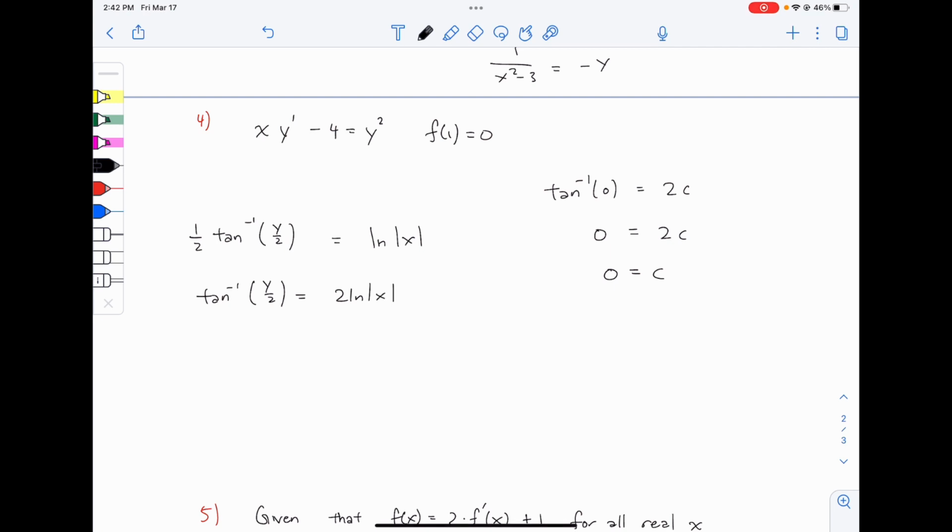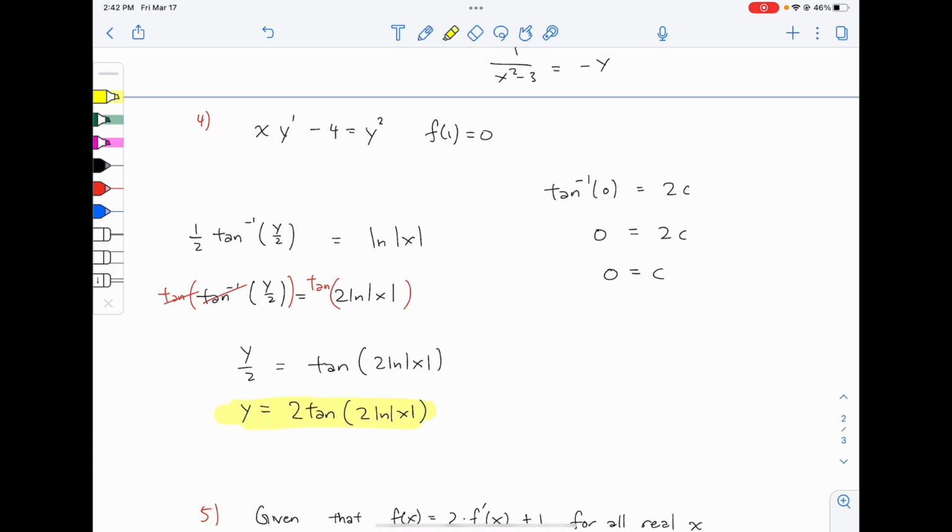Okay. In order to eliminate my inverse, I'm just going to take the tangent of both sides. So these two cancel. I get y over 2 is equal to the tangent of 2 ln the absolute value of x. And then multiply both sides by 2. Y, or if you want to call it f of x, is equal to 2 tangent 2 ln absolute value of x.